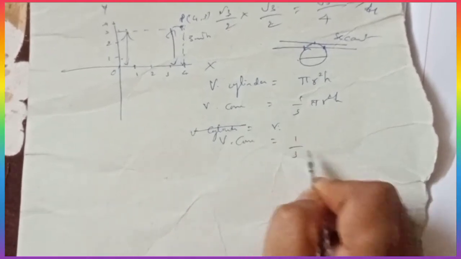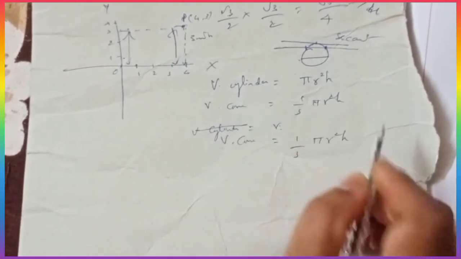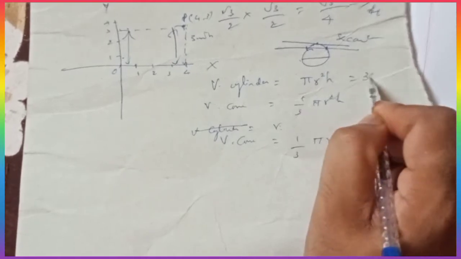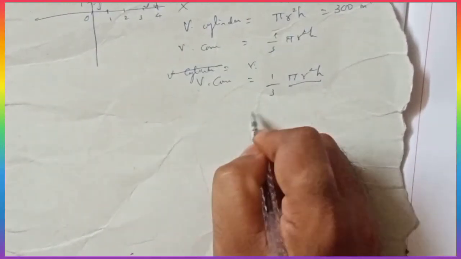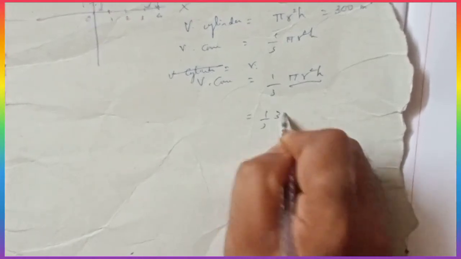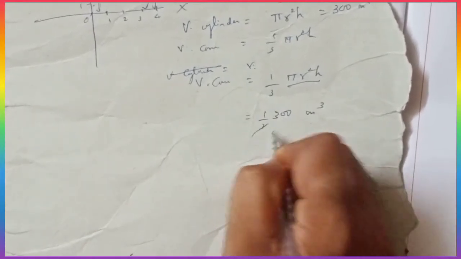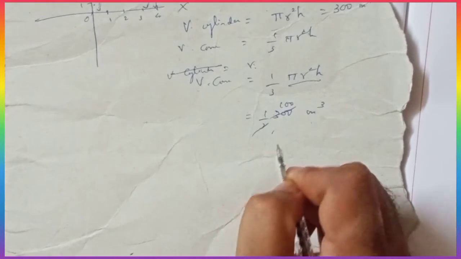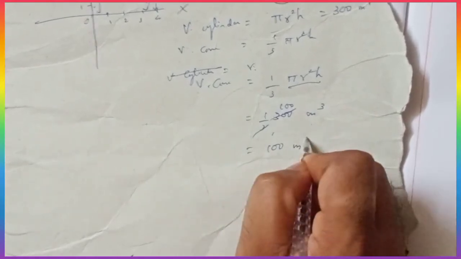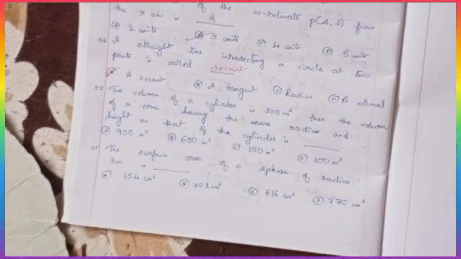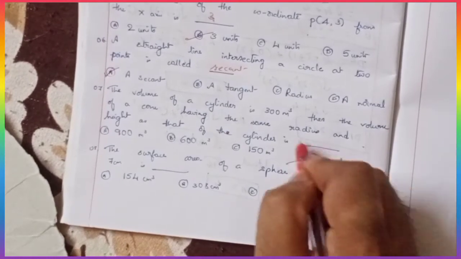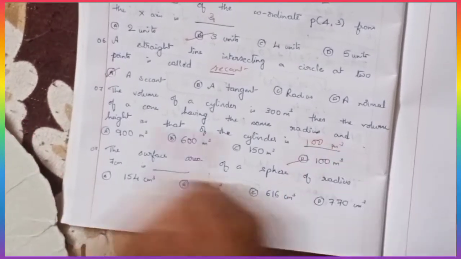So volume of cone is equal to 1 by 3 pi r square h. What is the volume of cylinder given? 300 meter cube, correct? So pi r square h is 300 meter cube. So 3 ones are 3 hundreds. So the volume of cone is 100 meter cube. So the correct answer is option D, 100 meter cube.